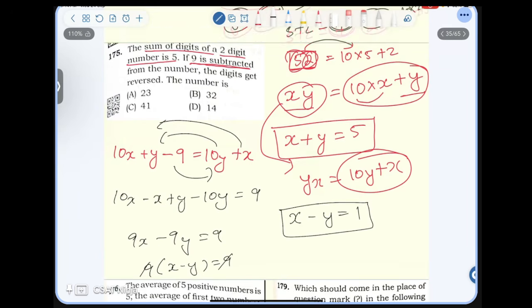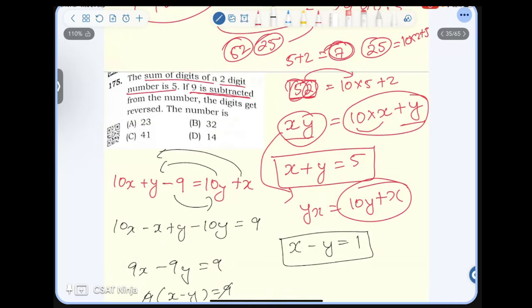You can use the elimination method or substitution method, but I'll give you an approach here. Two numbers' sum gives you 5, but the two numbers subtracted gives you 1. Can I say it's 3 and 2? 3 plus 2 gives you 5, and 3 minus 2 gives you 1. So the answer here is 32.